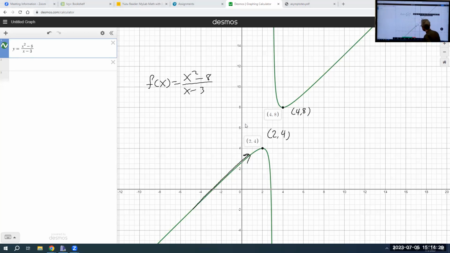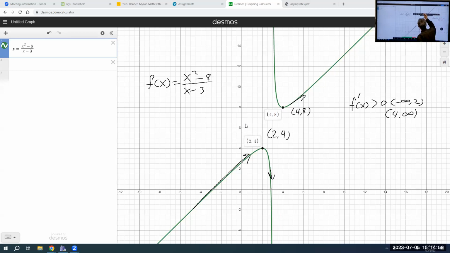The function is increasing going from negative infinity up to 2, and it's also increasing from 4 to infinity. So f prime of x is greater than 0 from negative infinity to 2, and also from 4 to infinity. You see that? That's true.